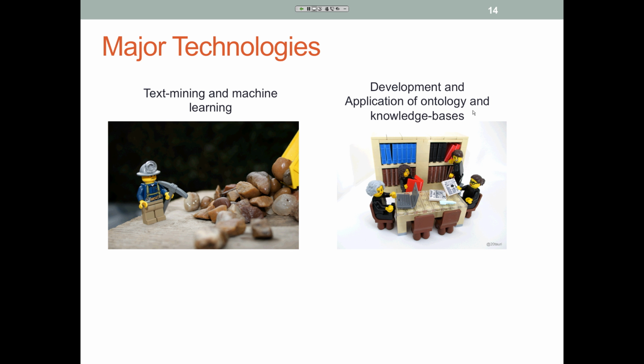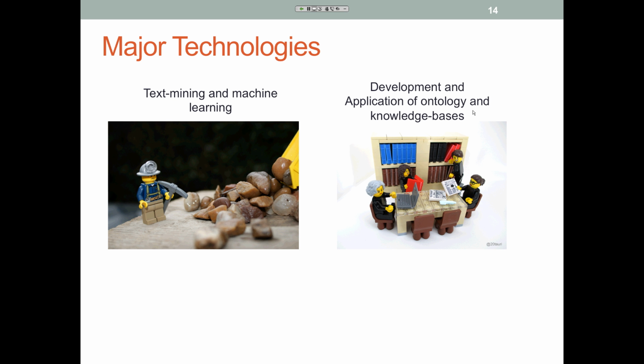The major technologies we're using here, from a computer science point of view, are text mining, machine learning, NLP, and also conceptualization, ontology, and knowledge base creation. These two technologies are interwoven together.